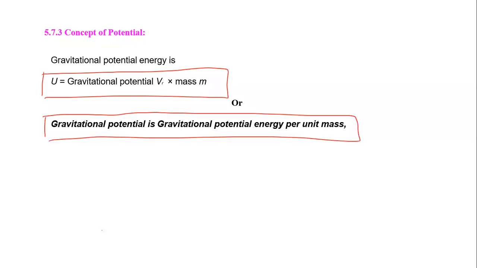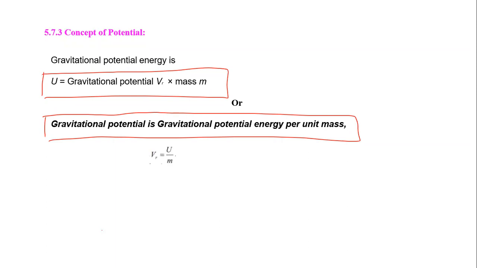Now the concept of potential. Gravitational potential energy is the gravitational potential into mass, or we can write that gravitational potential is equal to gravitational potential energy per unit mass.